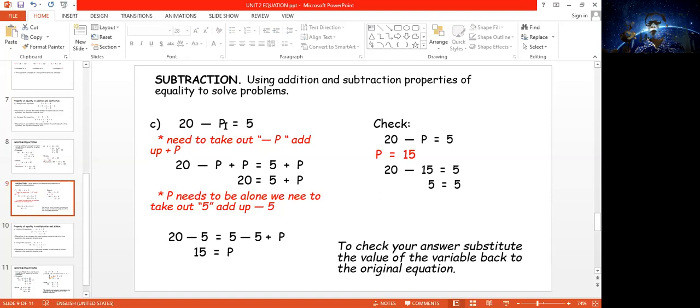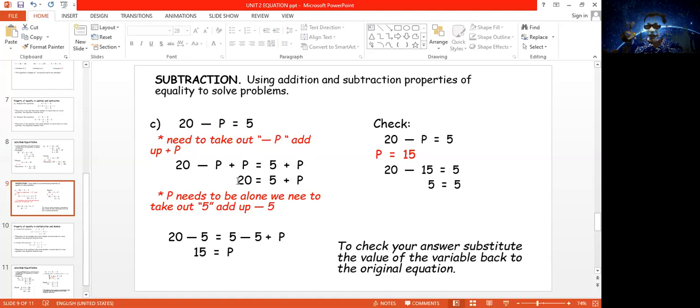Then you might be telling me, teacher, then where's our variable? Watch, look at this. Because you have to do both sides, right? If you add p to the left side, you also add p to the other side. So your variable just basically moves there and changes its sign.